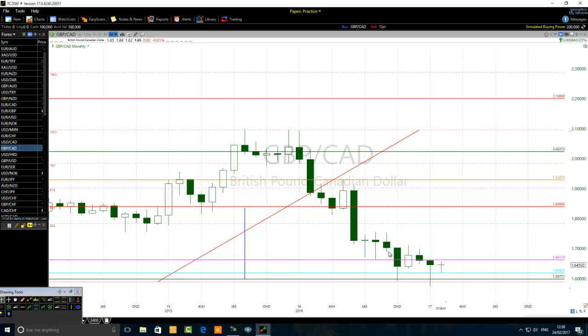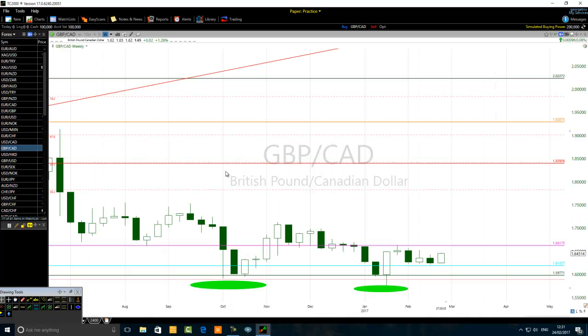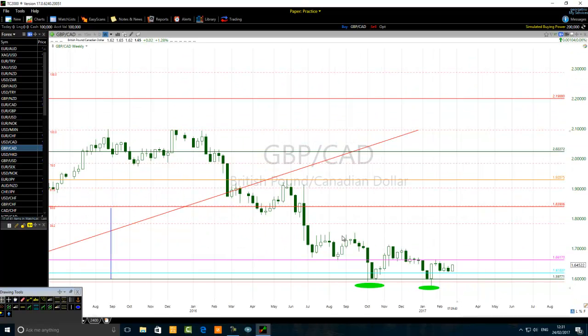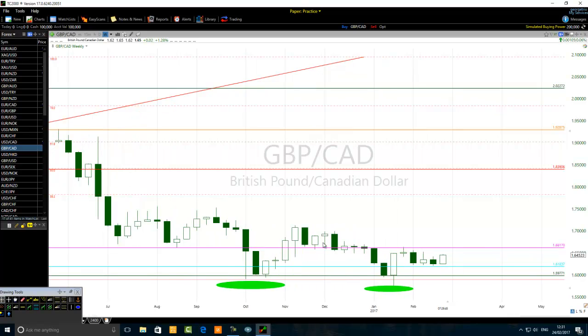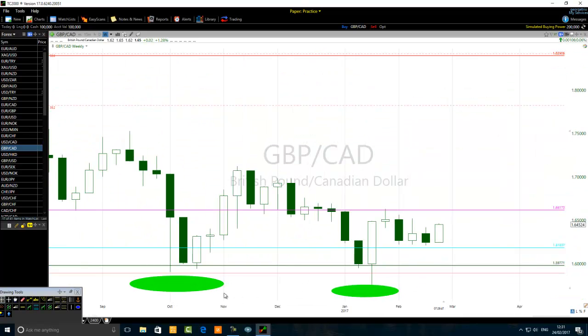Okay. Going to the weekly chart, talking about FS Trader shed more light on the FS and British pound Canadian dollar trading in 2017. For day traders and swing traders, there is a consolidation between 15977 and 16617.